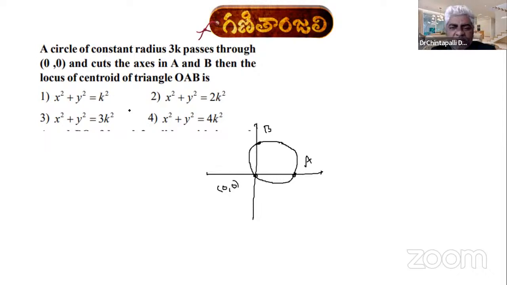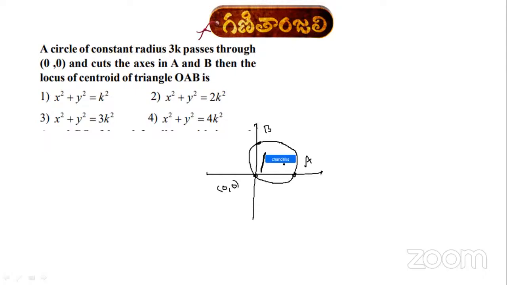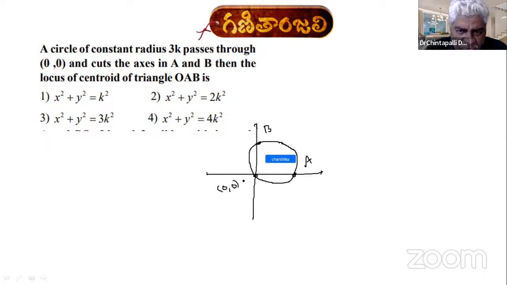Students, someone draw triangle OAB on the screen, on this diagram. Show what triangle OAB is. Tanika, can you? It's a triangle OAB. Yes, it is O, it is A. Draw triangle OAB.